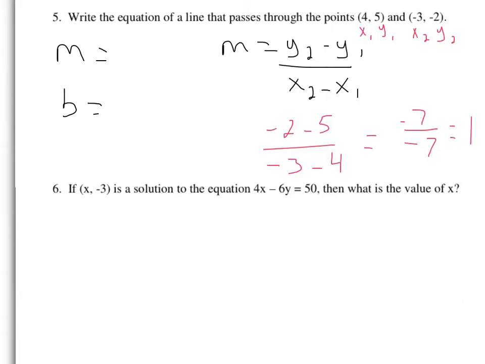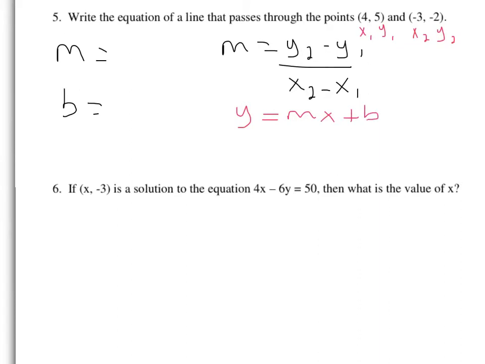Okay. So now we know our slope, so we need to take our slope with one of the points so we can find b. So I'm going to take this out so I'll have some room to work. And we are going to use y equals mx plus b. And we found that our m was 1. Okay, so we take m and one point.